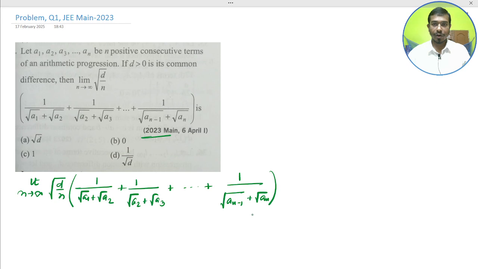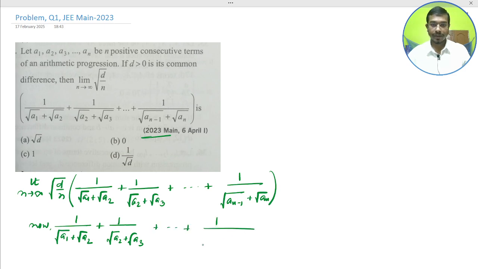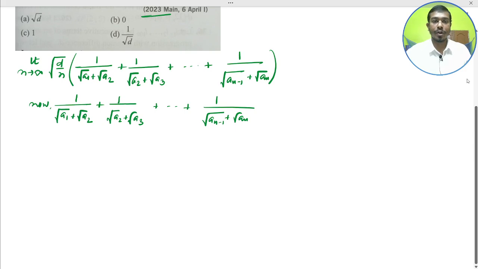So we first solve 1 by root a1 plus root a2, plus 1 by root a2 plus root a3, plus dot dot plus 1 by root an minus 1 plus root an. We have to solve this one.